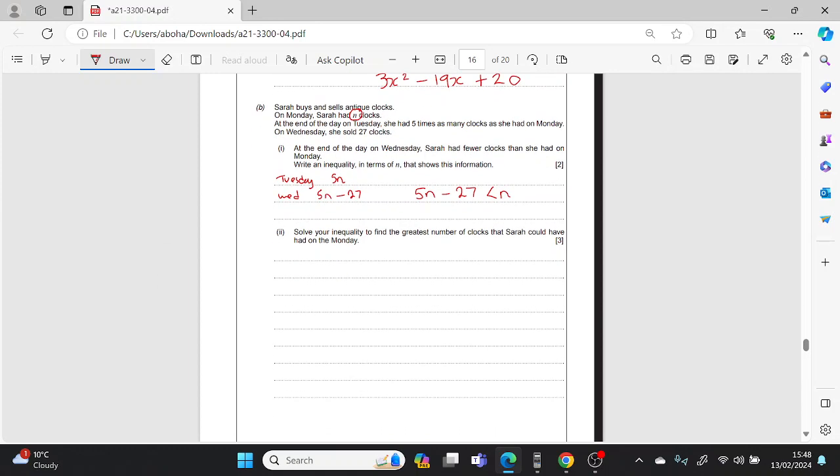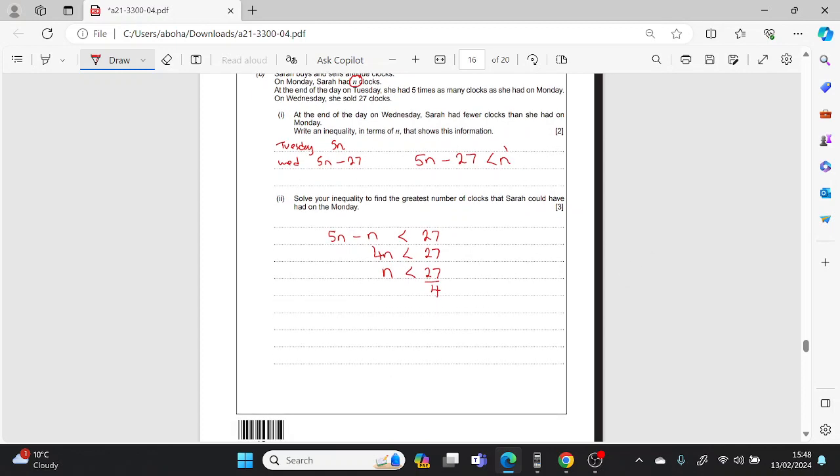Solve the inequality to find the greatest number of clocks. Okay, so bring the N's together. I take small from big, just to keep everything nice and positive. So 5N minus N is less than 27. 5 take away 1 is 4N, is less than 27, and N is less than 27 divided by 4.